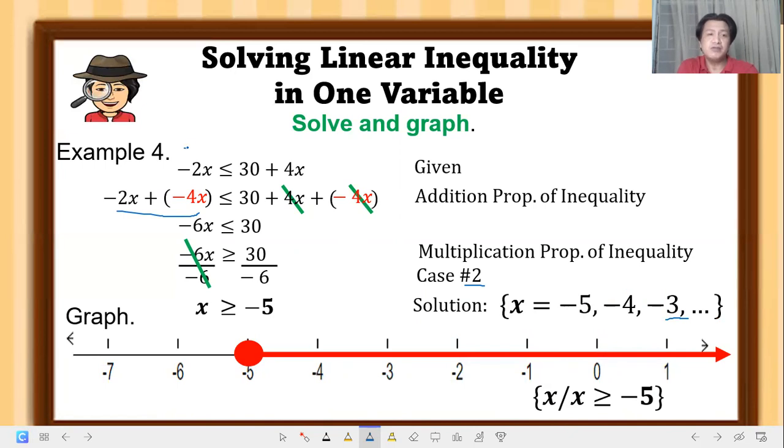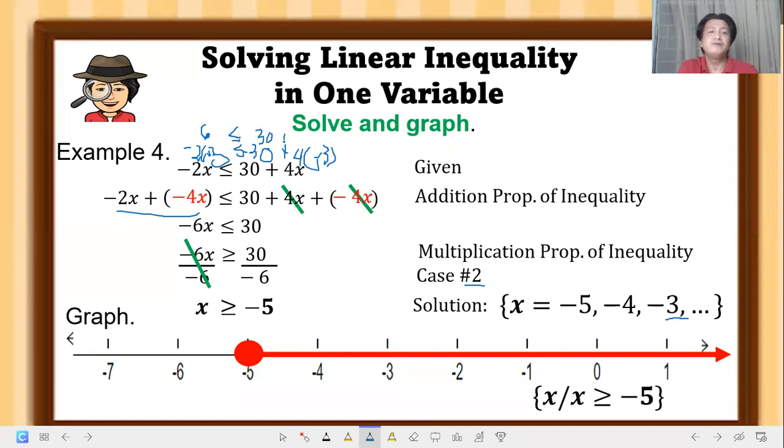So pag minultiply mo to, negative 2 times negative 3 is less than or equal to 30 plus 4 times negative 3. Okay? So pag sinimplify ko to, negative 2 times negative 3, positive 6 na po ito. And less than or equal to 30, copy mo yung 30.